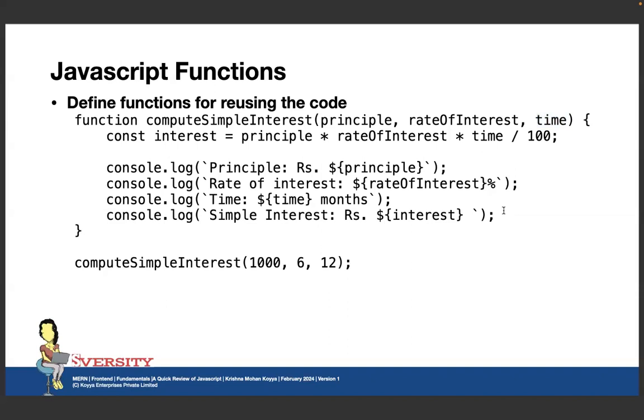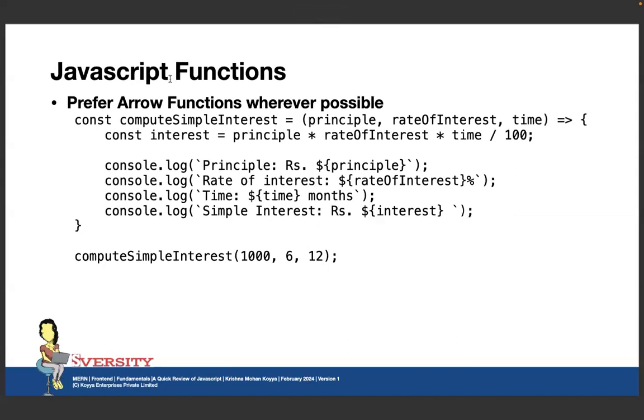And how do you invoke the function? Very simple. Just call that function by name and pass the parameters. So 1000 takes the place of principal, 6 takes the place of rate of interest, and 12 takes the place of time. These are normal, usual functions.